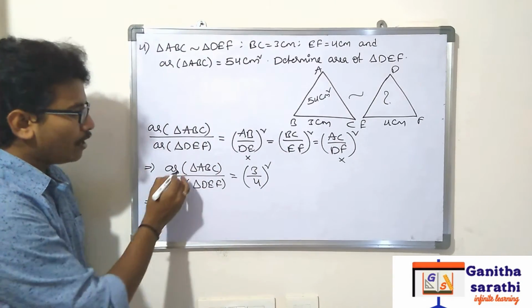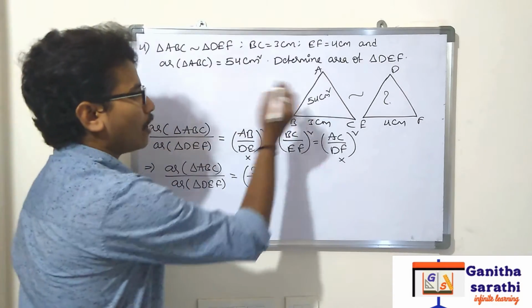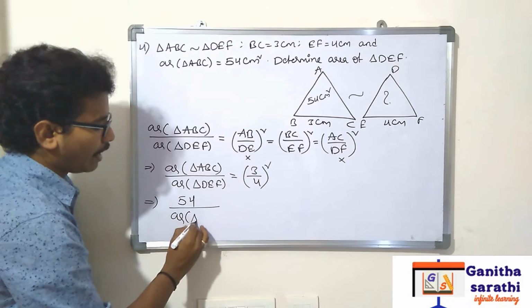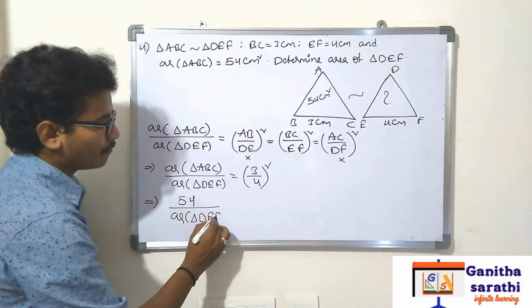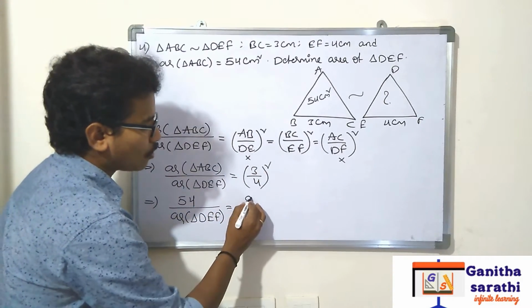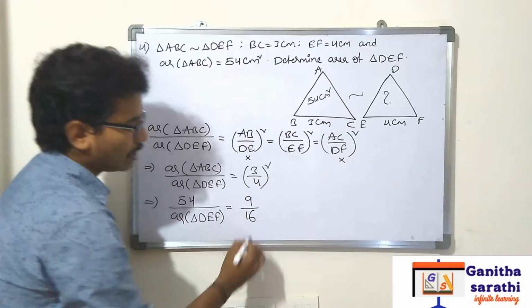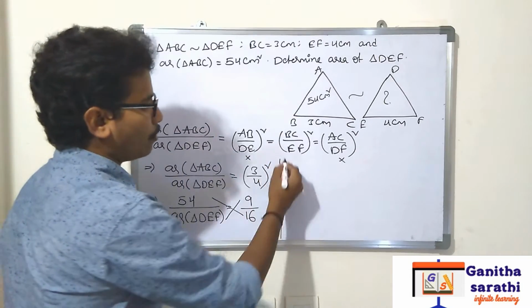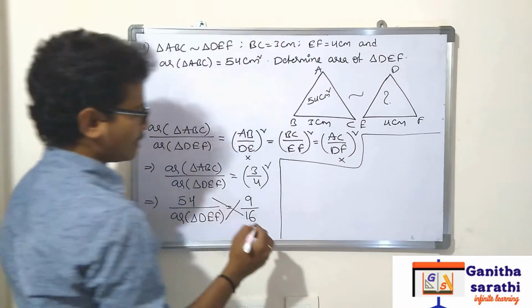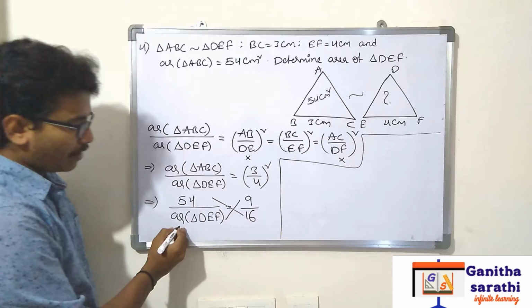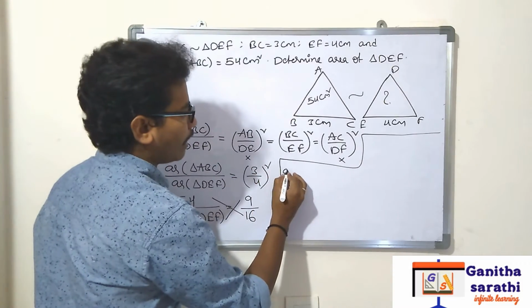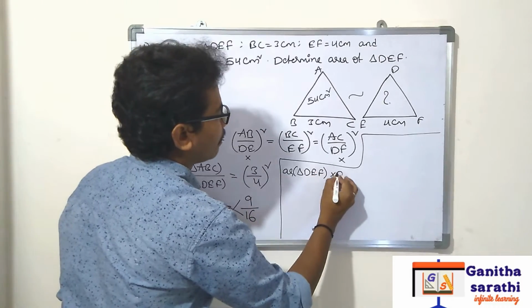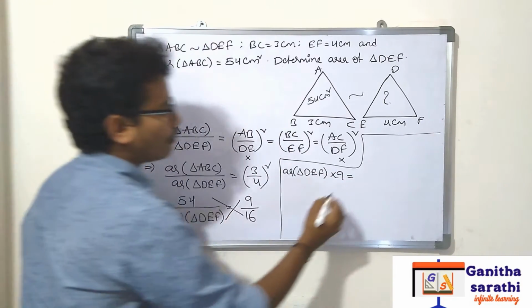Now we know area of triangle ABC is already given: 54 centimeters square by area of triangle DEF is equal to 3 square, which is 9, by 4 square, which is 16. Do cross multiplication. Area of triangle DEF into 9 is equal to 54 into 16.